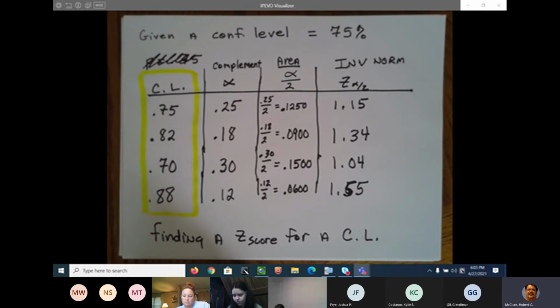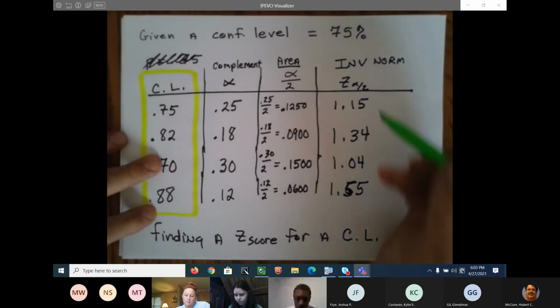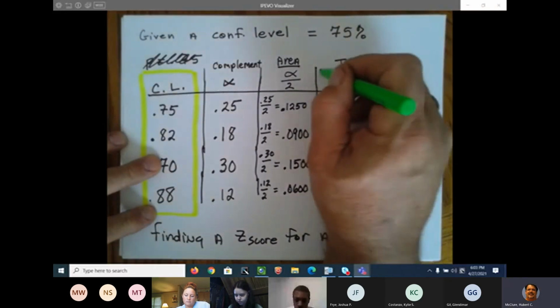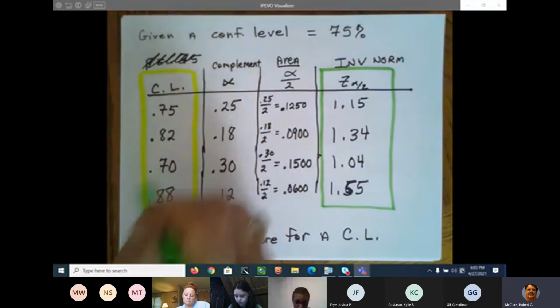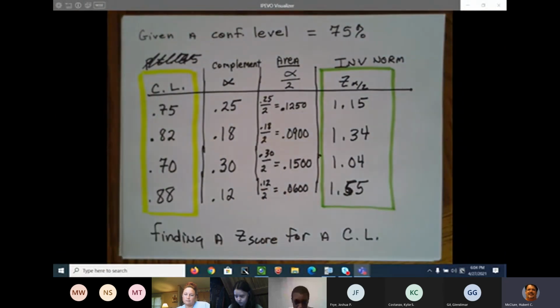And in order to do calculations, you need to be able to find the Z for that confidence level. That's 3 or 4 questions on the test for Chapter 9. Okay? All right, now let's move on.